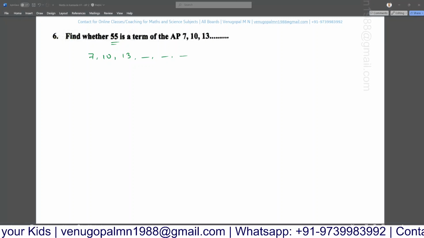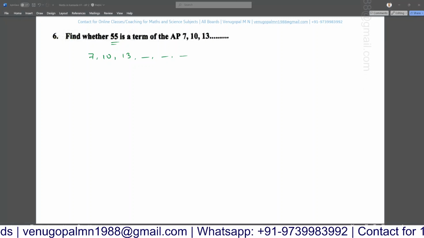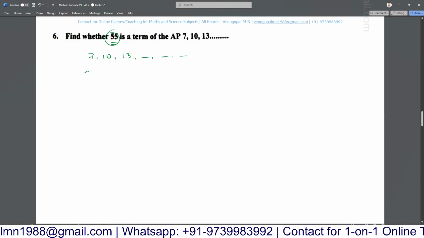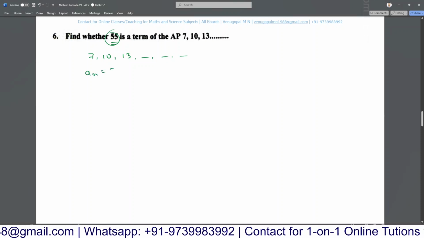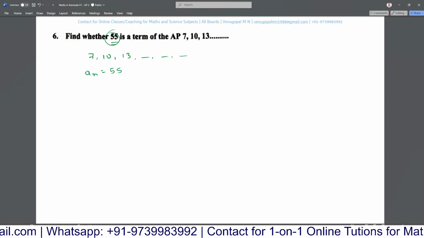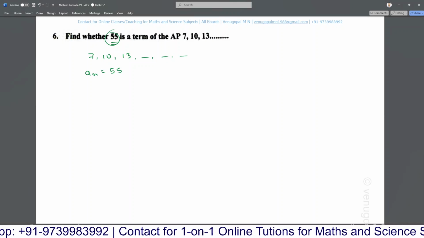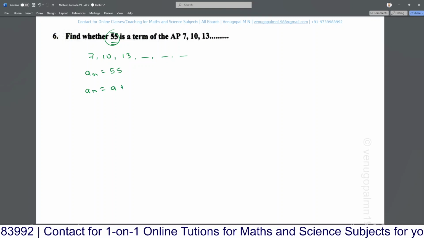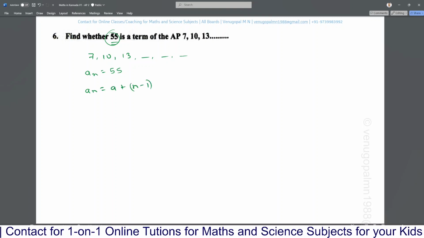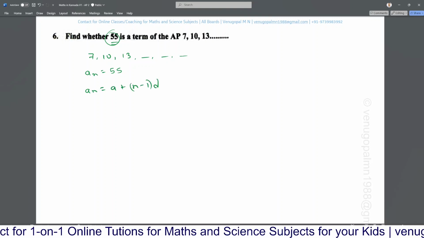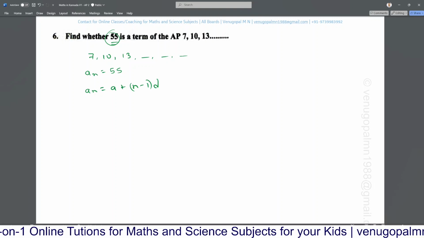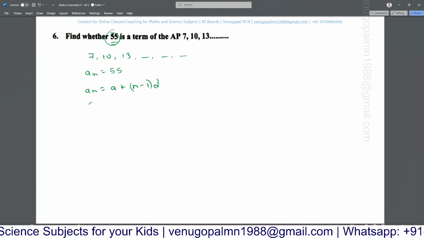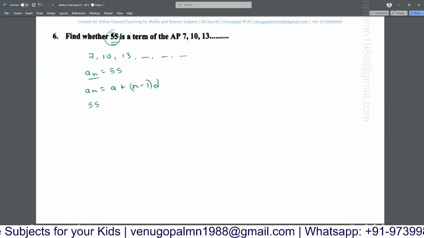If this 55 is part of our sequence, then it will be A of n. A of n is equal to 55, they have given. We know from our formula that A of n is equal to A plus n minus 1 into D, correct? 55 is A of n, and what is the first term?